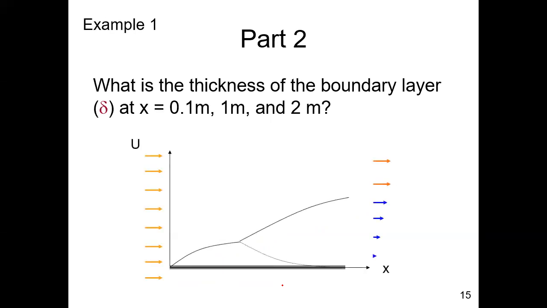So again, this is our operative sketch. We have a plate where x is equal to 0 at the leading edge.